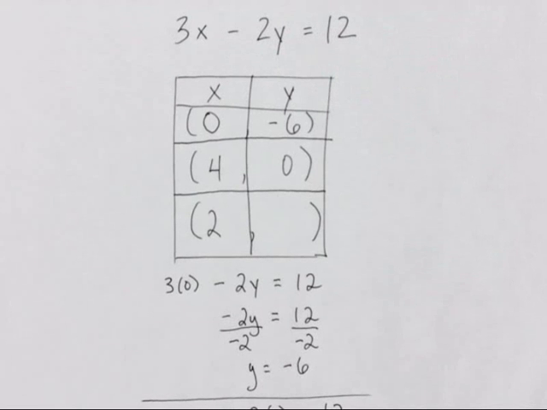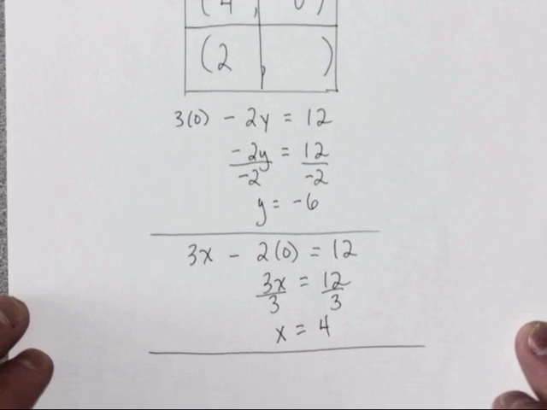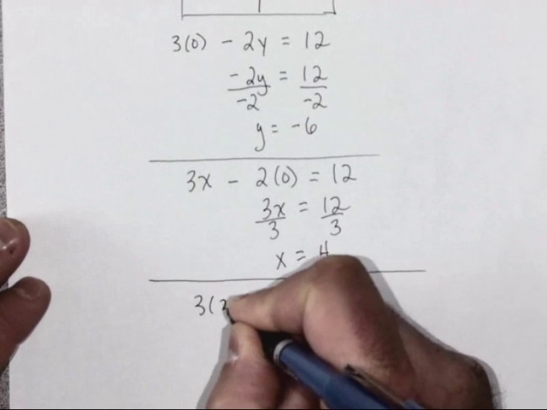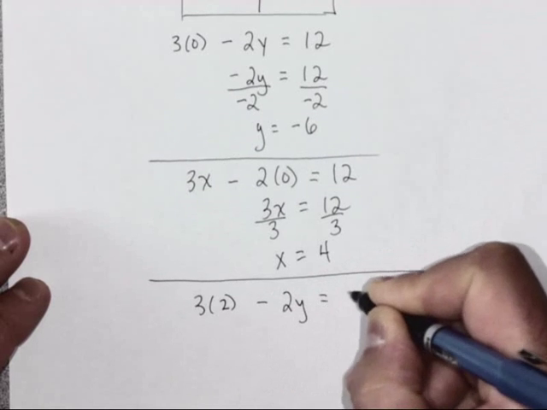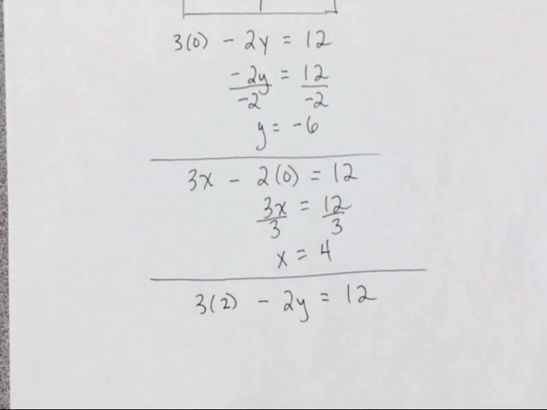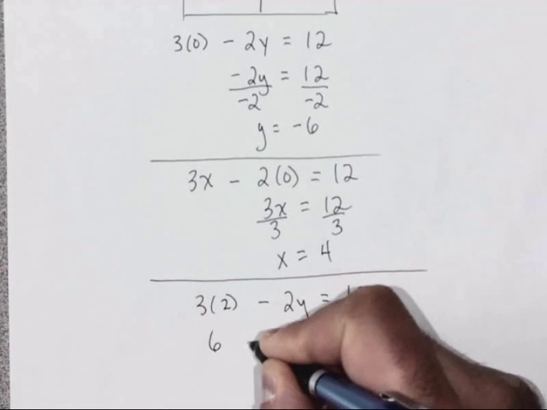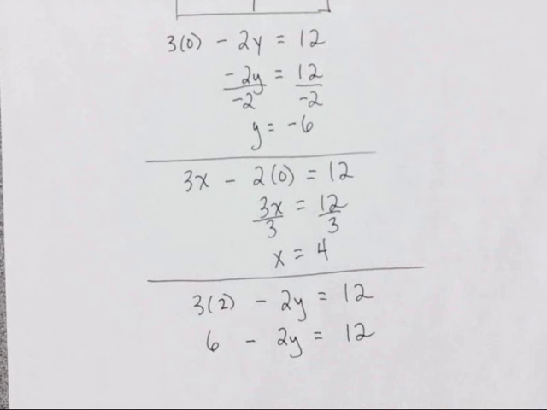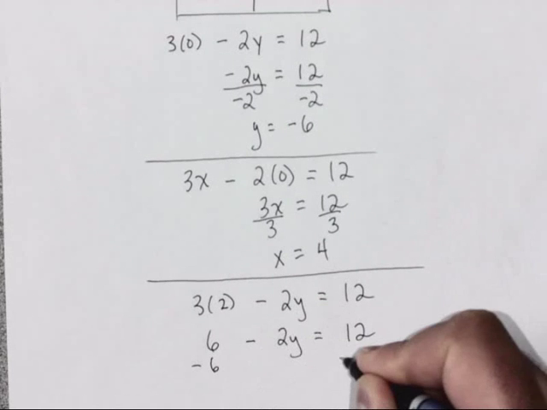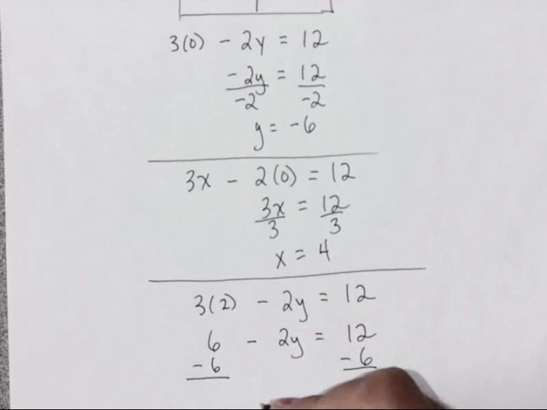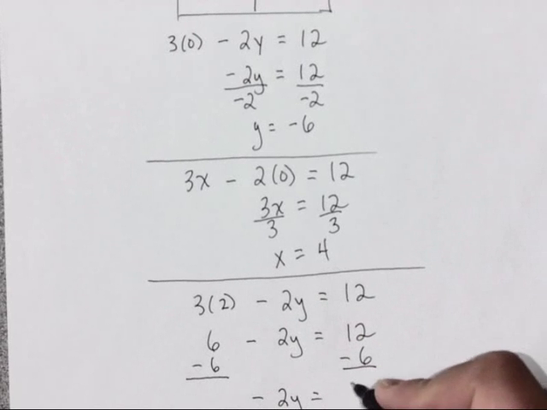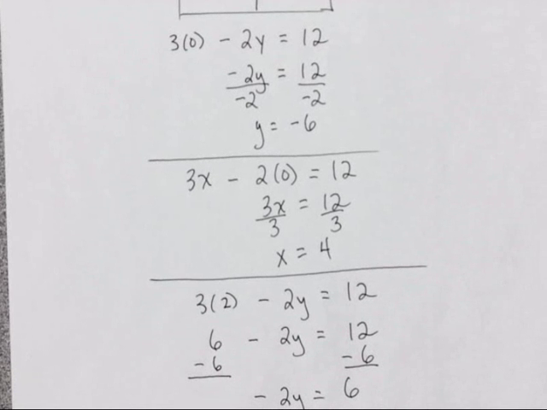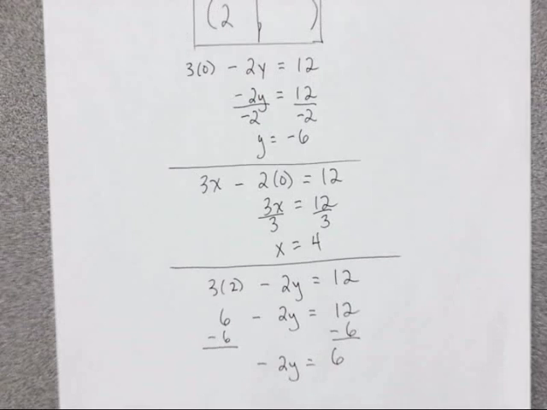So let's see what happens here if I plug a 2 in for x. Okay, so if I plug a 2 in for x and I solve for y, well, I know that 3 times 2 is 6. And I know that to solve for y, I'm going to have to subtract 6 from both sides. And as long as negative 2 will divide into 6, this number on the other side here, I'm good.